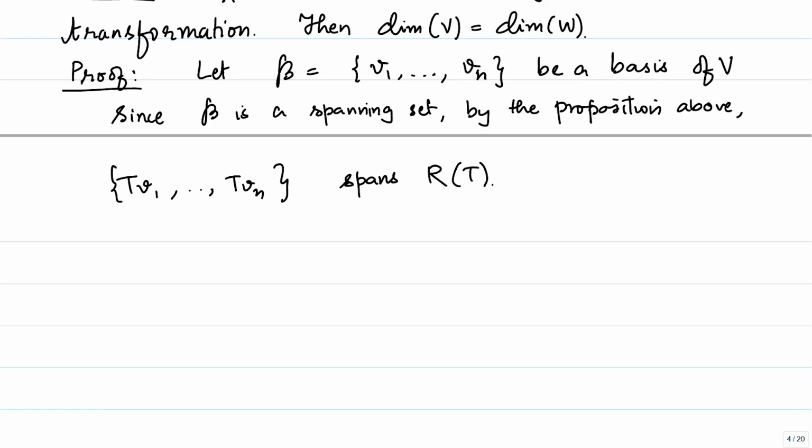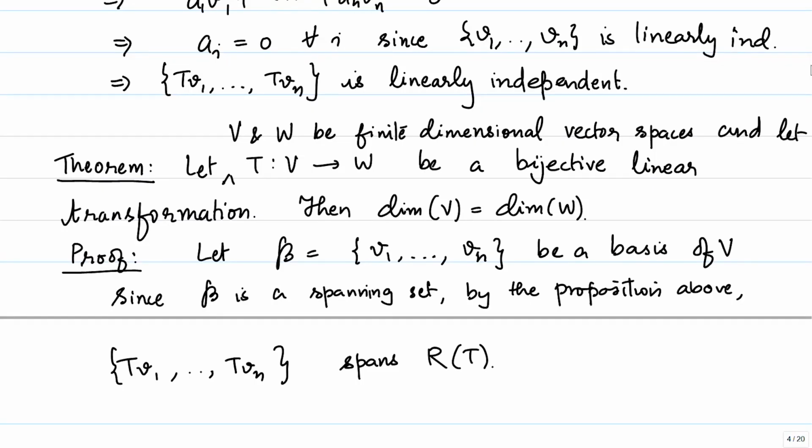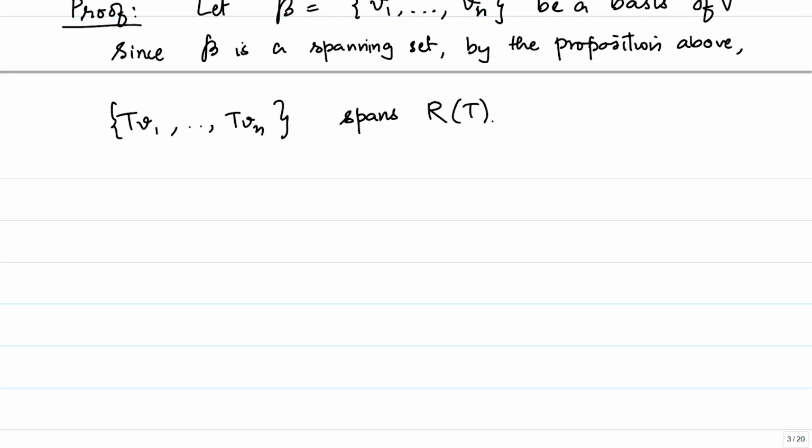But what was the assumption on our T? T was assumed to be a bijective linear transformation. So, in particular, our T is a surjective map. It is onto W. What is the meaning of a linear transformation being surjective?